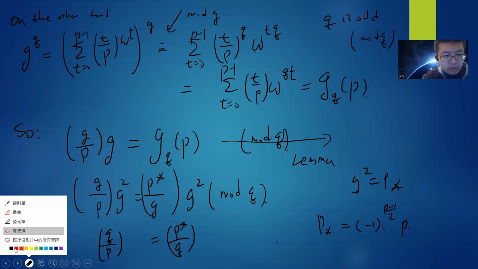Let me write this down. Finally, we neglect this term, so we have this. This guy is just P, and P star is minus one to the P minus one divided by two times P. Since it's multiplicative, I can write it as minus one to the Q times P minus one divided by two, and (P over Q).